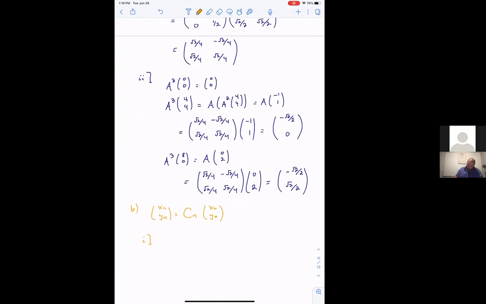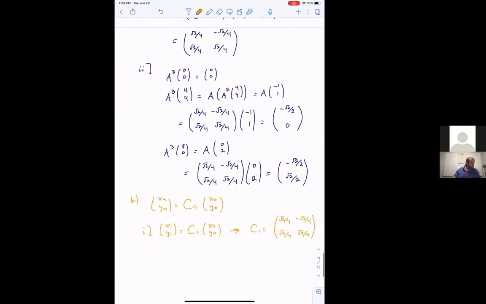In other words, x1, y1 is C1 times x0, y0. Well, in that case, C1 is nothing more than A. It's my transformation matrix, which was root 2 over 4, negative root 2 over 4, root 2 over 4, root 2 over 4. That's what the matrix is.